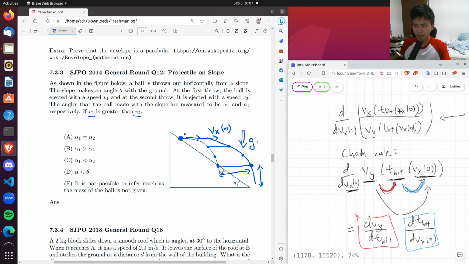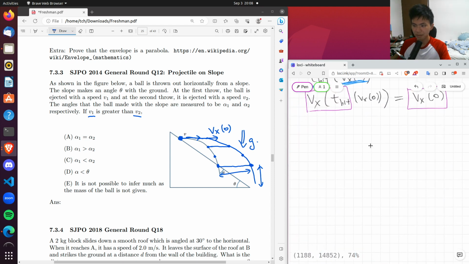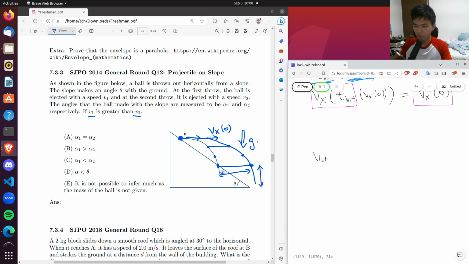This is how our numerator over here depends on Vx naught. Now, how does our denominator depend on Vx naught? Our denominator, Vy of T hit of Vx naught, how does this quantity change?